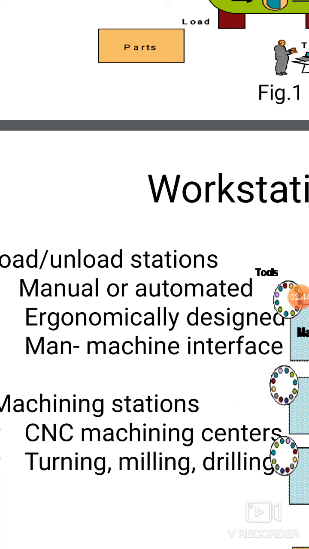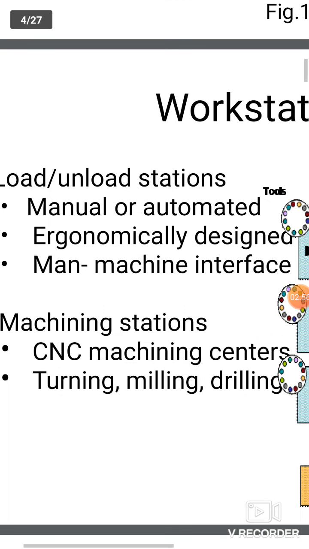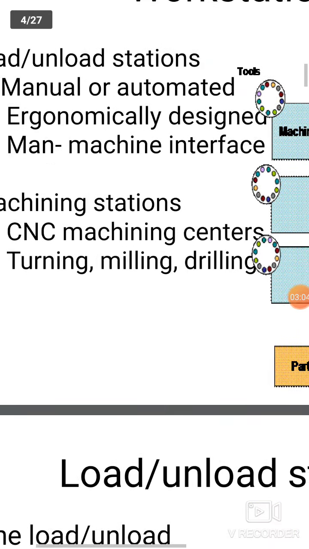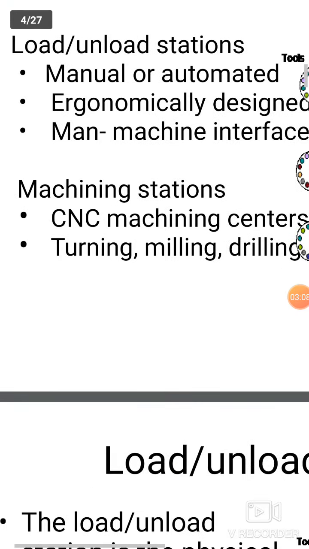Next, man-machine interfaces are designed, and after finishing, the parts are unloaded. Machining stations are CNC machine centers, such as turning, milling and drilling. So all these are machining centers. Next, loading and unloading.